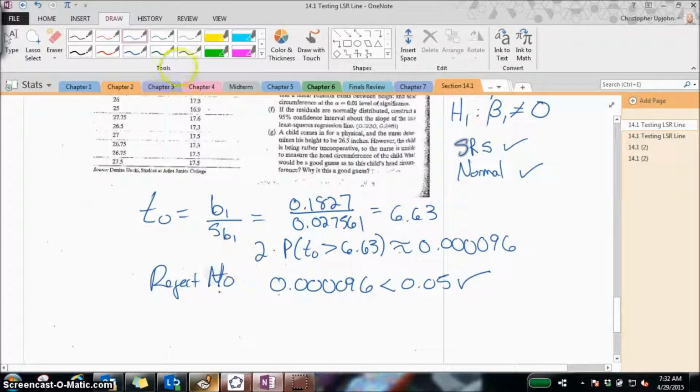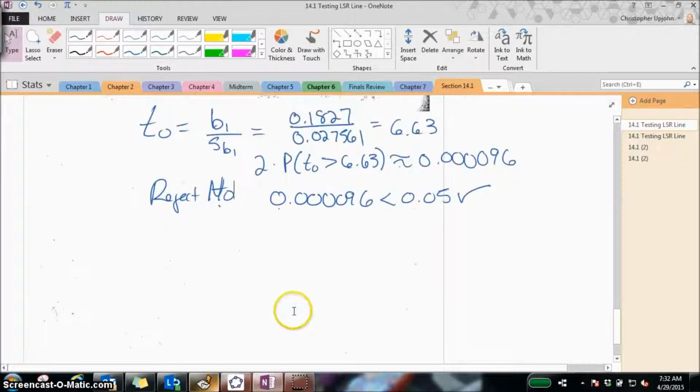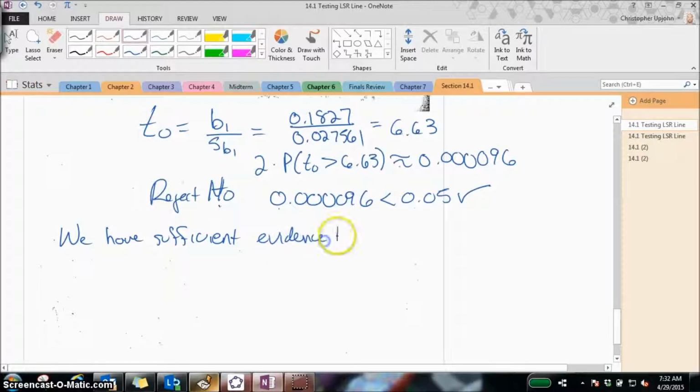So what does that mean for our conclusion? It means we have, the same way we did before, to reject.